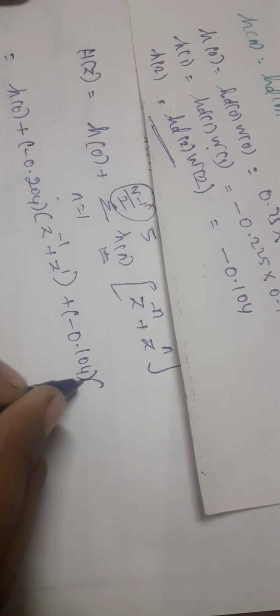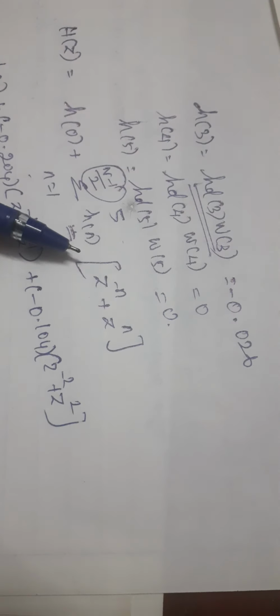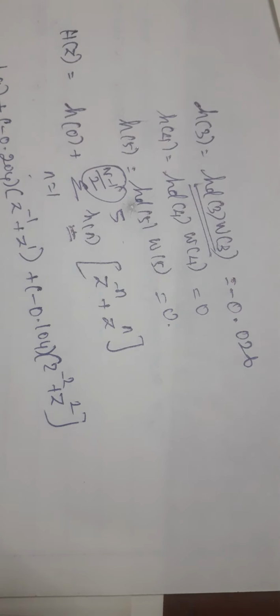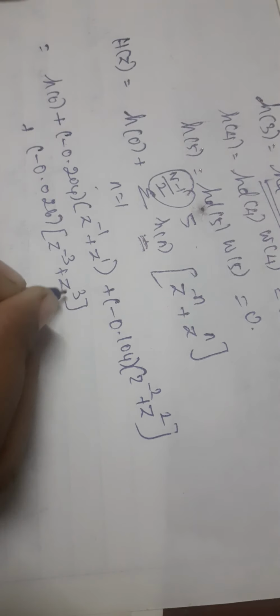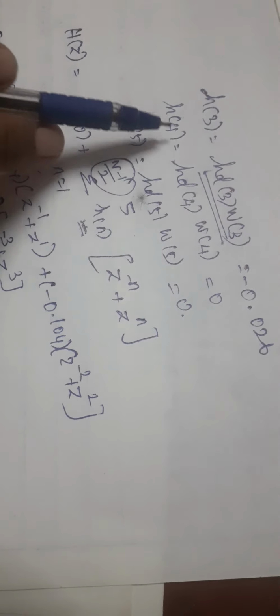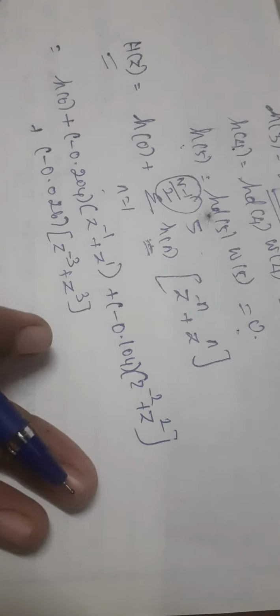Next, h of 2 value is minus 0.104, (z power minus 2 plus z power plus 2). Plus h of 3, the value is minus 0.026 into (z power minus 3 plus z power plus 3), and h of 4 and h of 5 values are 0. So this is the h of z transfer function value they have asked in our given question.